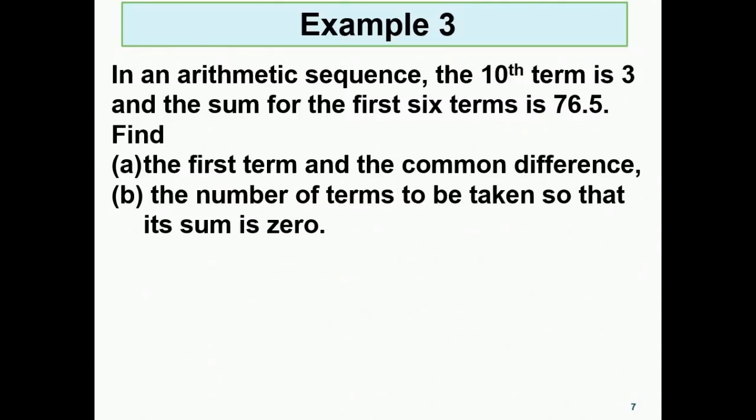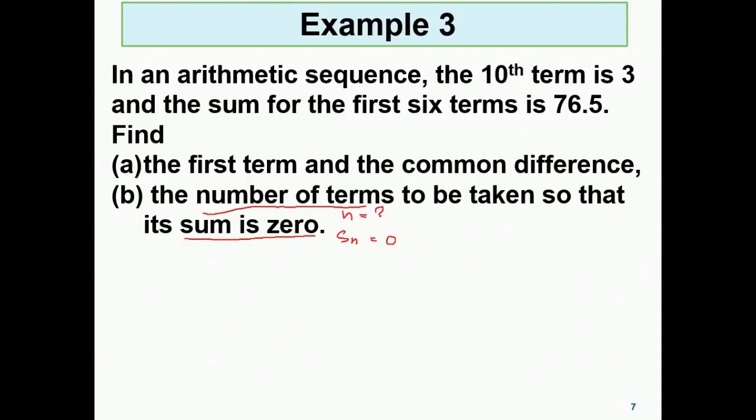Example 3b. Find the number of terms, this is n, so that the sum is 0. So this is Sn is equal to 0.